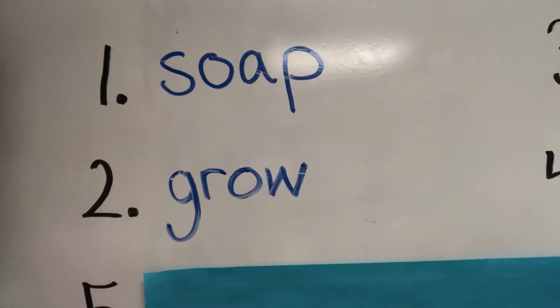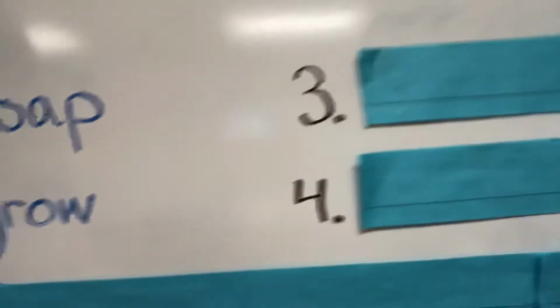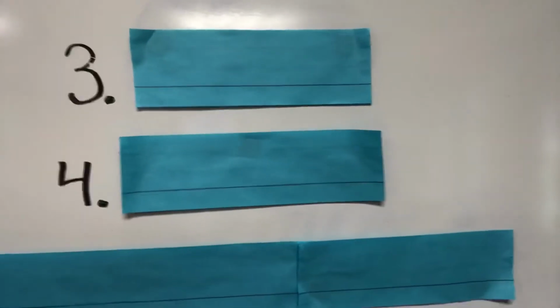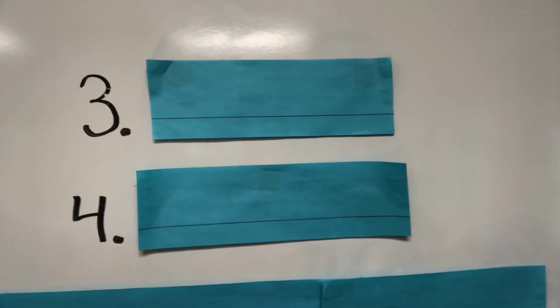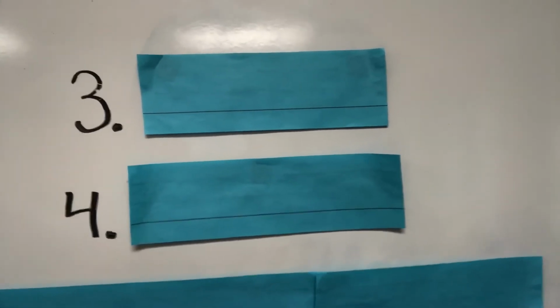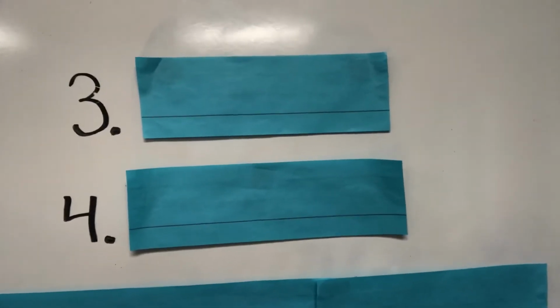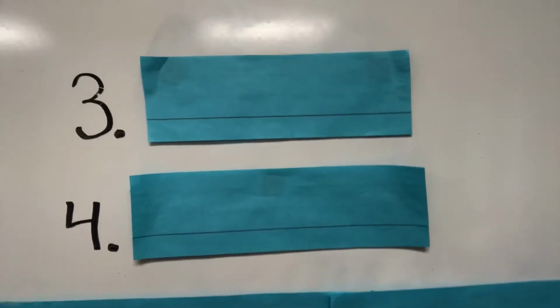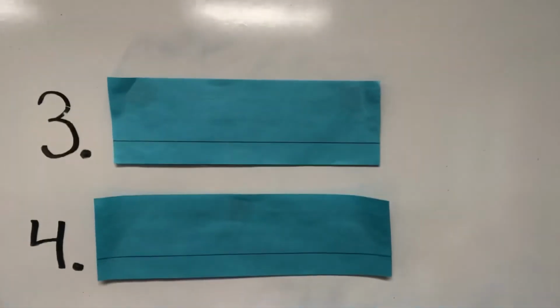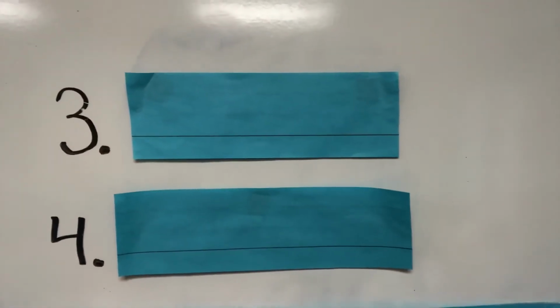That might help. Okay, so word number 3. Are you ready? It is window. Window. I didn't give you the dots this time, so you think about how many sounds are in window and make sure you're writing down the letters for each sound.